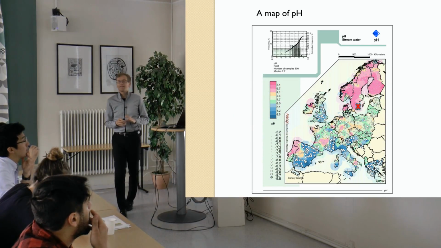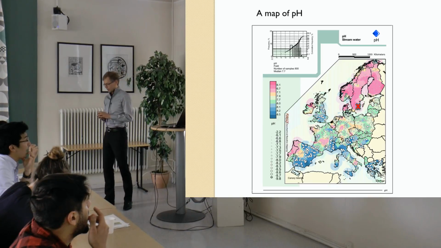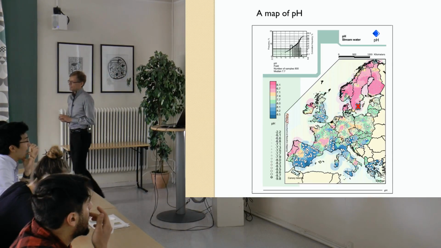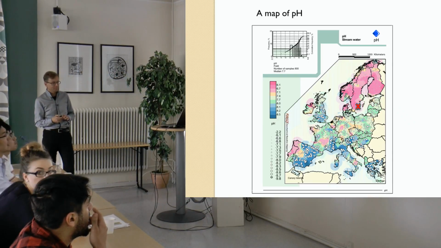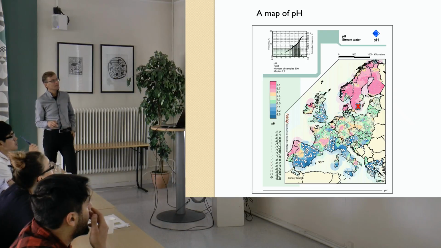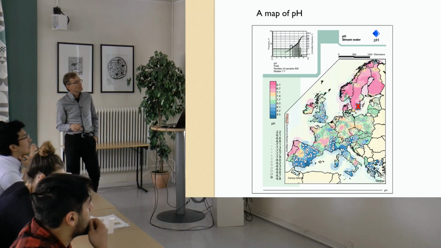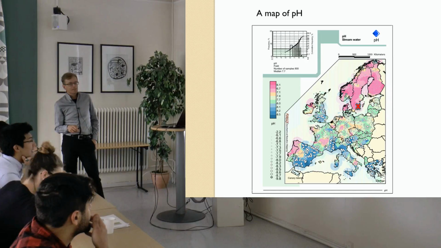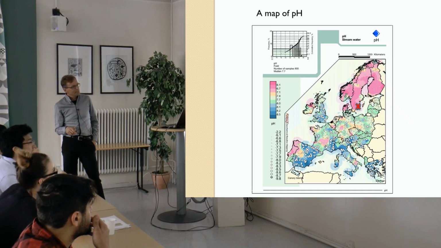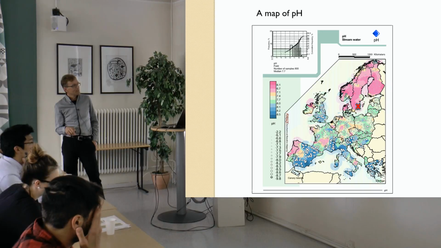So here is then a map of pH. Hope you can see something. But let's see, it's 800 streams, each appearing as a circle. You can see a number of circles here. It's 800 circles if we start to count.